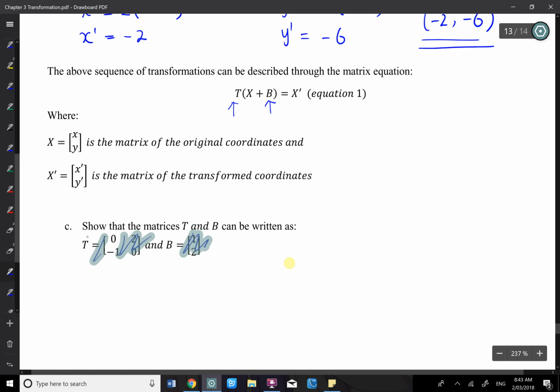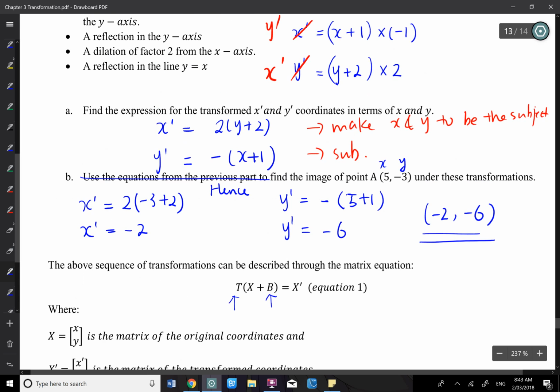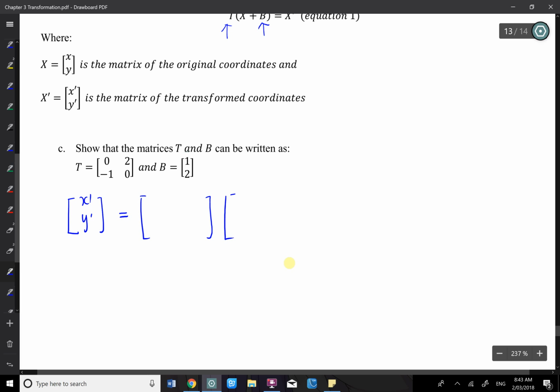So what we'll do is, we have our original, well, let's write it this way. We have (x dash, y dash) equals to, I think there are, how many? Reflection in y, dilation, okay, 3 reflections or dilations.